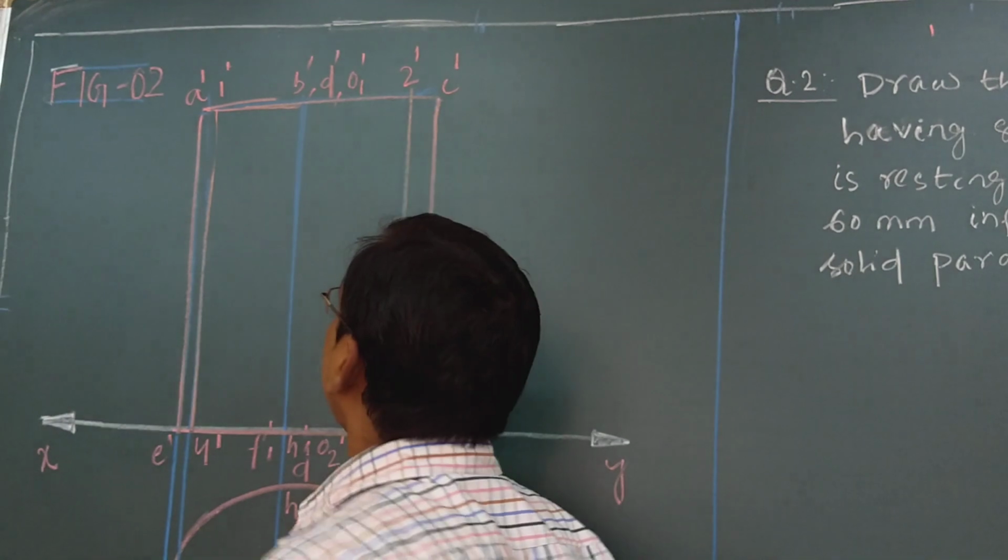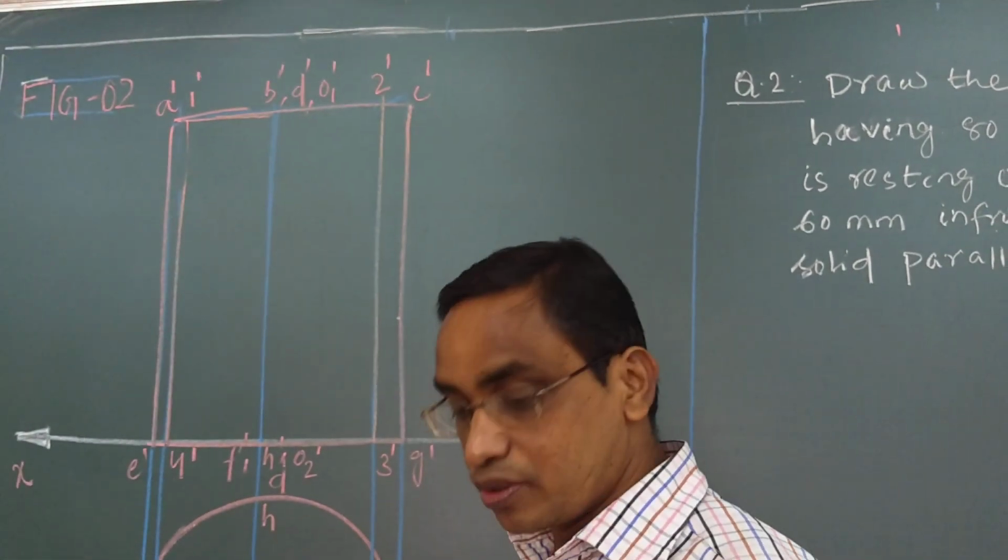So in that area 1 dash, 2 dash, 3 dash, 4 dash, you draw the hatching lines.